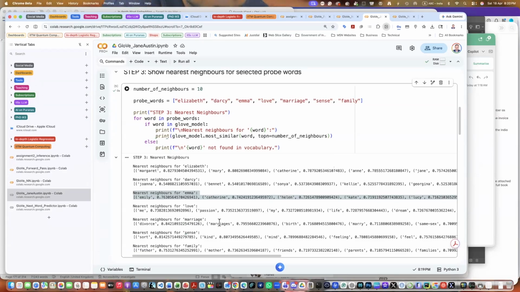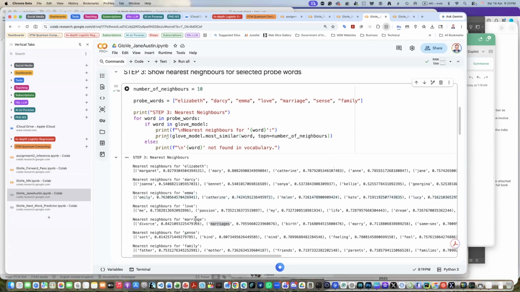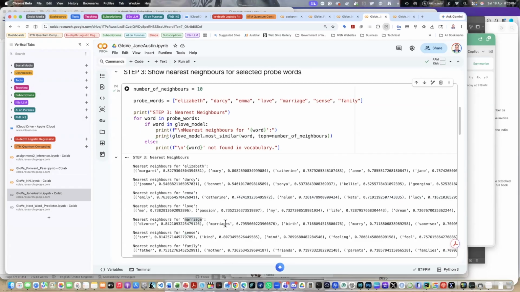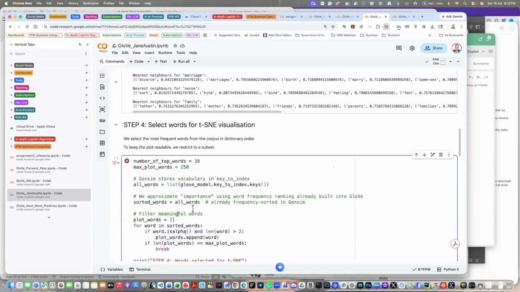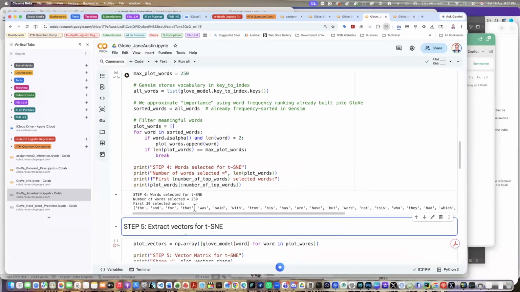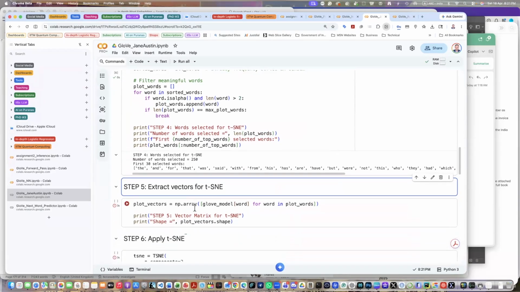Now, I'm giving you a clue. You see that the word marriages is seen as close to marriage, but they are basically essentially the same word, right? Or birth, marry. If I look at this on a two-dimensional graph, I will show you.